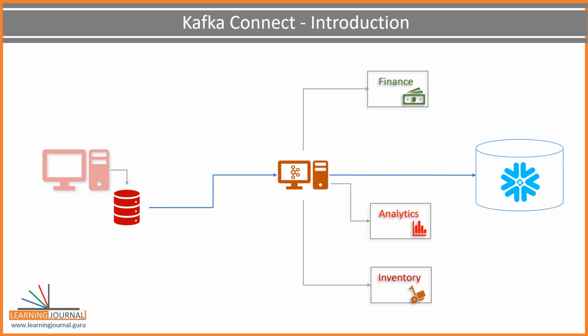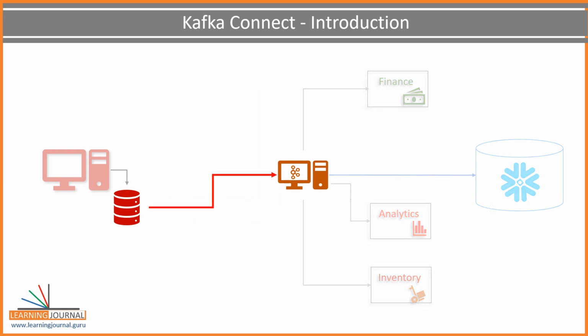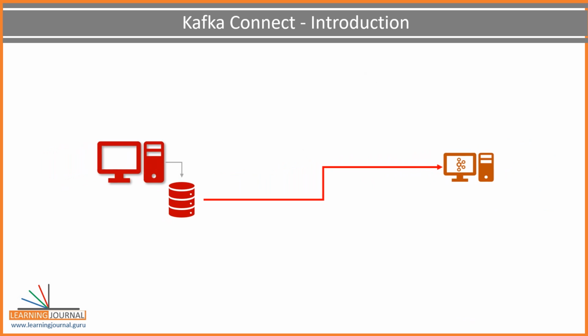Great. So you know you are going to use Kafka Broker. But how do you bring data from your invoicing application to the Kafka cluster? Do you want to create a producer? Let's try and evaluate that option. There are 2 ways to create a producer depending upon the source code availability of your source system.